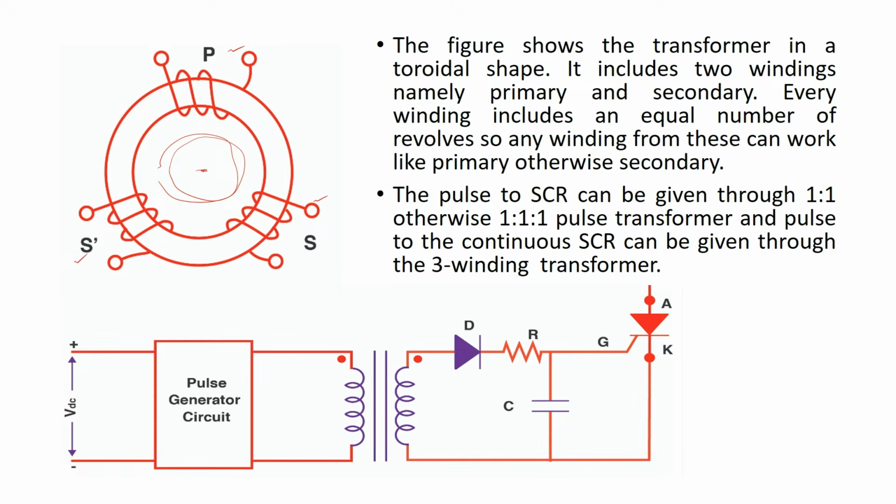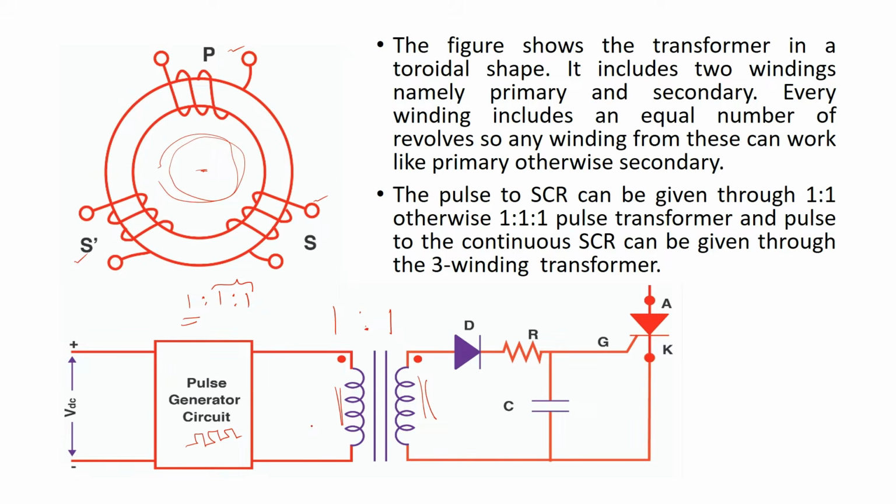Here, one of the applications is shown in the circuit. We have a pulse generator circuit which generates the pulses. These pulses are transmitted from the primary to the secondary. If you look at this, the primary windings are equal to the secondary windings. That means this is a 1 is to 1 transformer. When we have more than one secondary winding, we can call it 1 is to 1 is to 1 transformer. The first one denotes the primary winding ratio, and the second and third denote the secondary winding ratios.